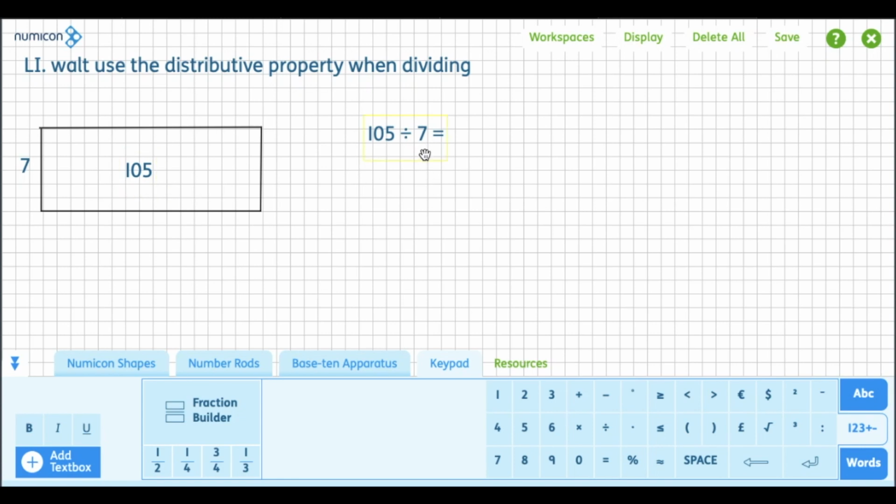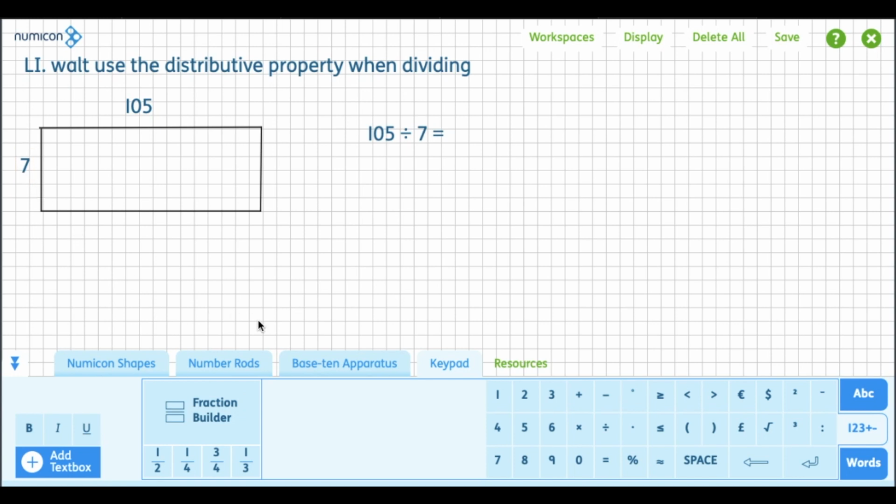Okay, so I don't really want to count up in 7s all the way to 105. So what I'm going to do is break up 105 into multiples of 7 to make my life a little bit more manageable. So if I'm thinking about 7, the nice, big and easy multiple of 7 to get to is 70, right?